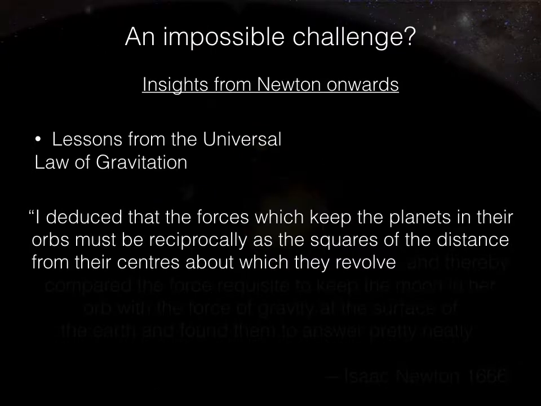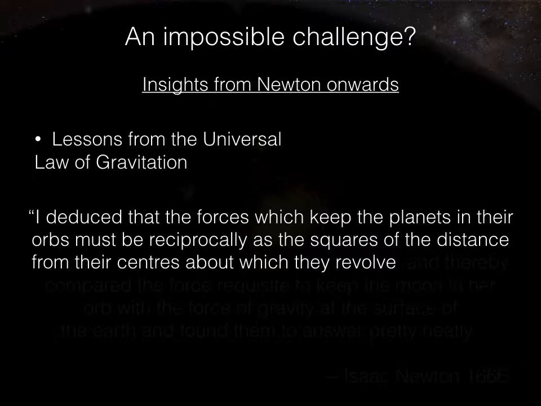The issue with this is that after this gentleman came Newton, and Newton came up with a fantastic, all-encompassing framework and universal law, which is that of universal gravitation, where he said that "I deduced that the forces which keep the planets in their orbits must be reciprocally as the squares of the distance from the centers about which they revolve."